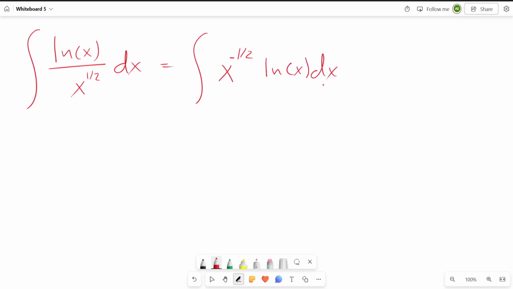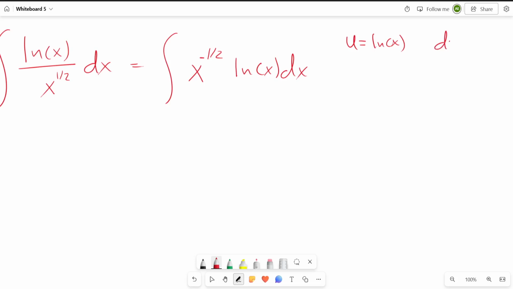x dx. Again, which is easier to differentiate from these two, or which is easier to integrate? Okay, x power negative half is easier to integrate, and ln x is complicated and we don't want to go through that, so I'll smartly use my u as ln of x, and that will give my du as 1 over x dx.